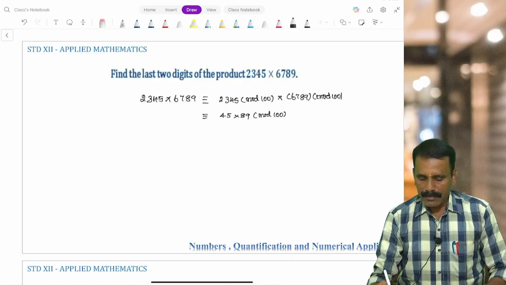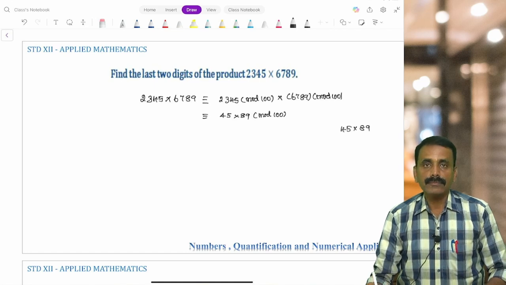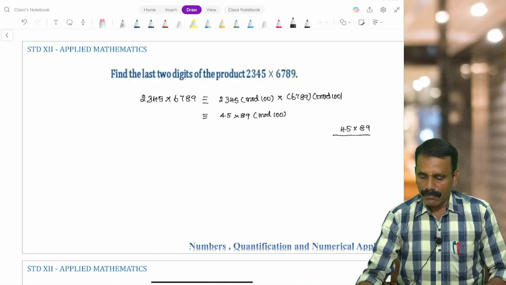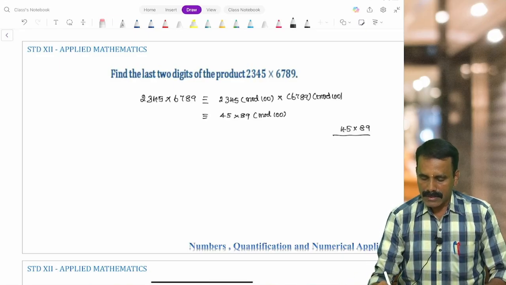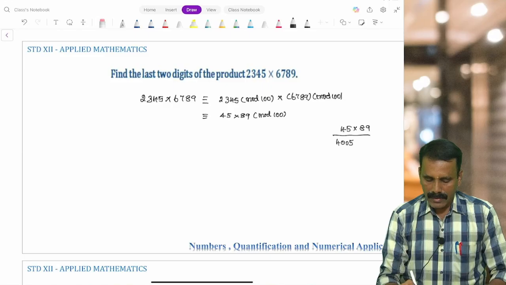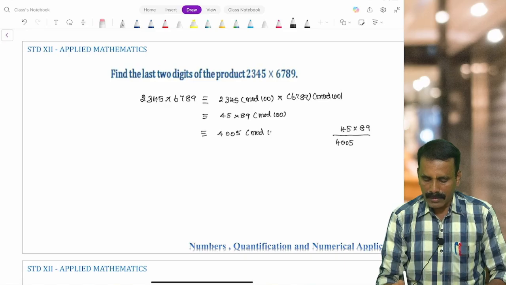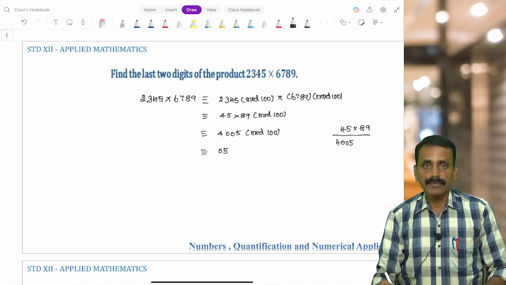So now we are going to multiply 45 and 89. 45 when you multiply with 89, the answer is 4005. So this is congruent to 4005 mod 100. And the final answer is 05.